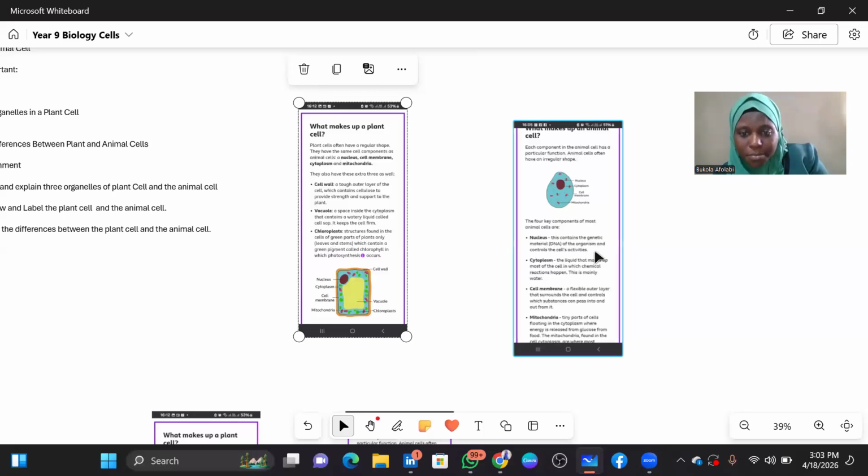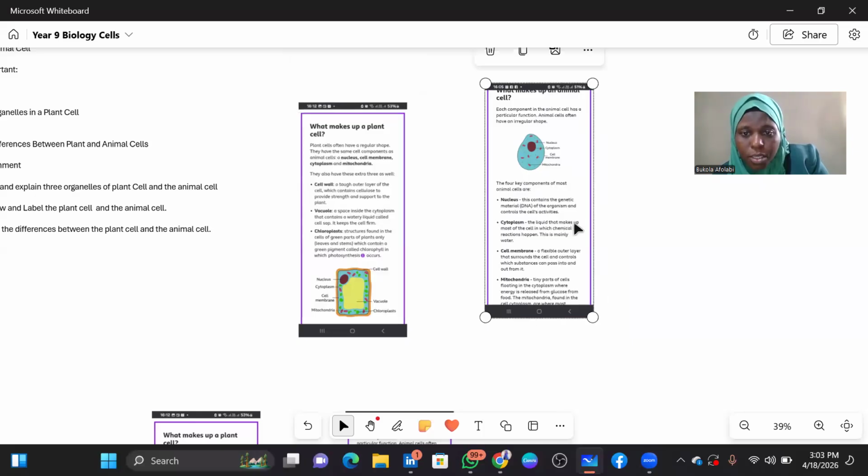The animal cell. This contains four components, which are the nucleus, the cytoplasm, the cell membrane, and the mitochondria.